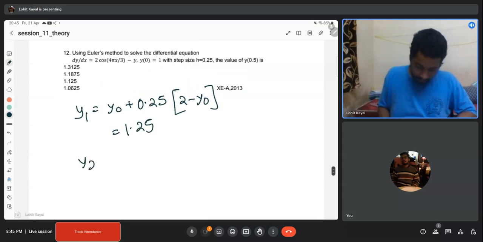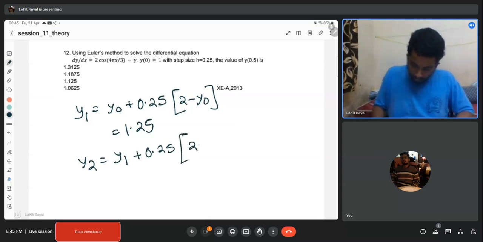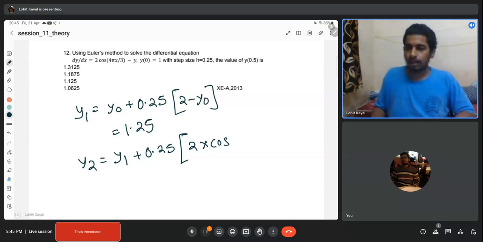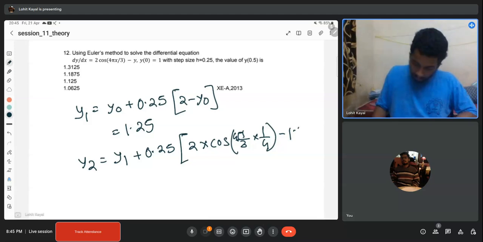Then you need to find y2. y2 will be equal to y1 plus 0.25 times 2 into cos of 4 pi x1 by 3, and x1 is 0.25. So 4 pi by 3 into 1 by 4, minus 1.25.